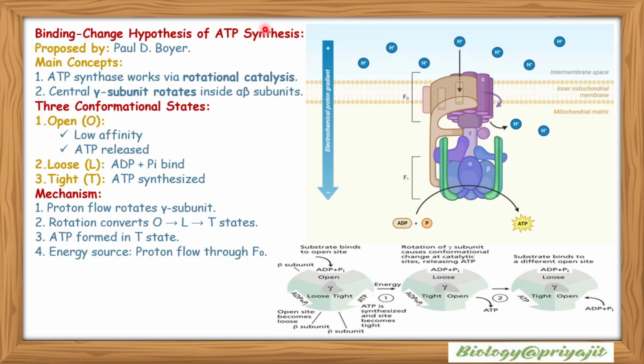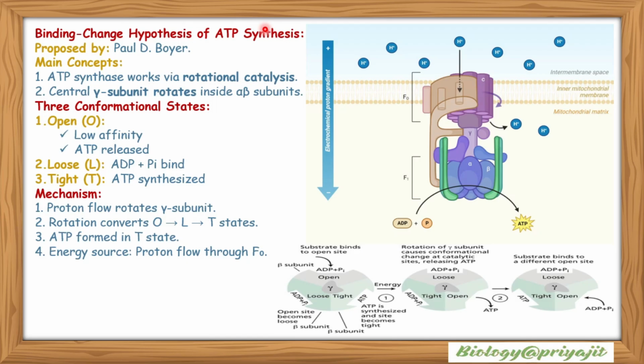In the loose or L state, upon further rotation, the site closes slightly and loosely, trapping the ADP and Pi. In the tight or T state, in the final rotation stage, the subunit undergoes a major shape change, forcing ADP and Pi together to spontaneously form ATP. This bond formation is driven by the physical deformation of the protein rather than direct input of metabolic energy.